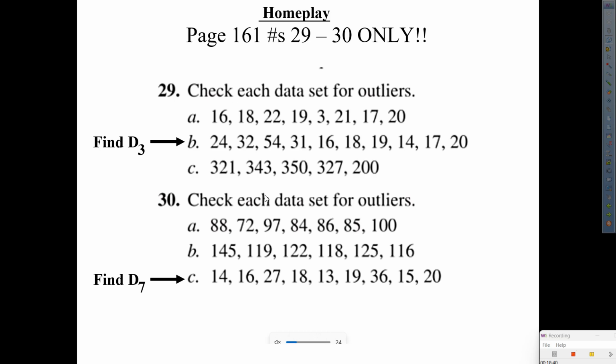So what are you going to do with all 6 sets of data? You're going to check for outliers. Do you know how to do that? Yeah, we did that on the warm-up. Is that correct? However, for 29B and for 30C, you're going to find the D3 for 29B and D7 for 30C. Does everybody see what we're doing?